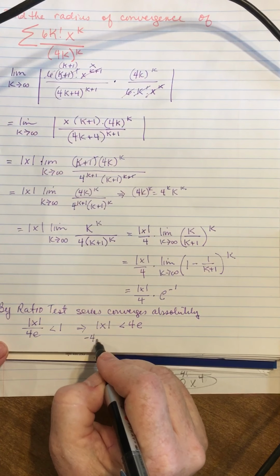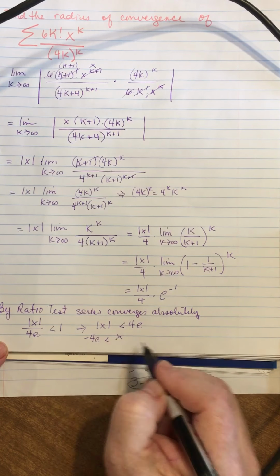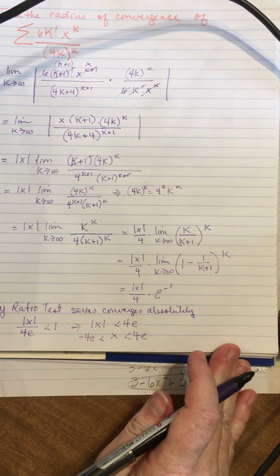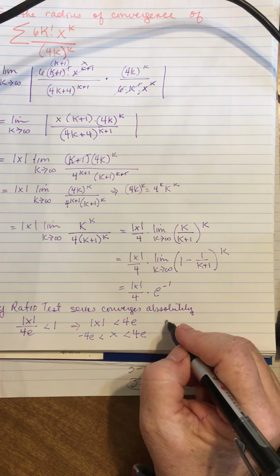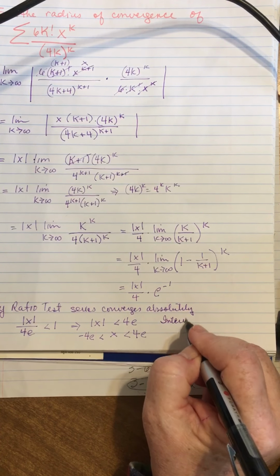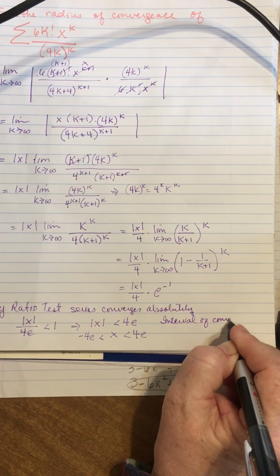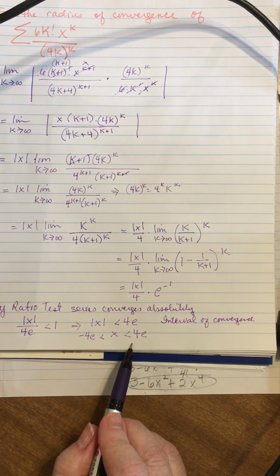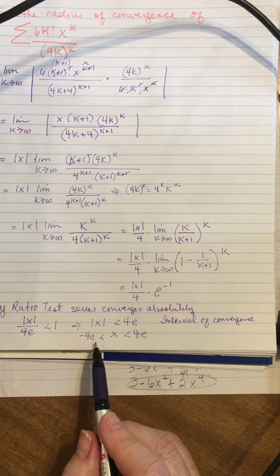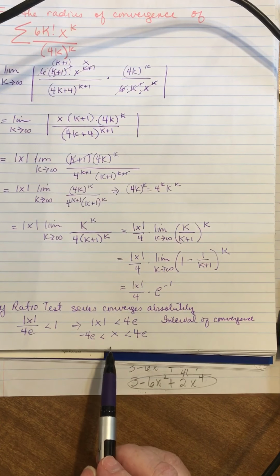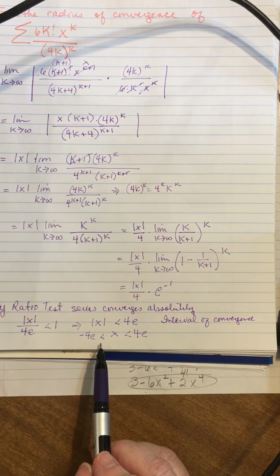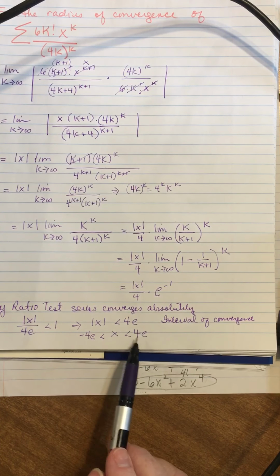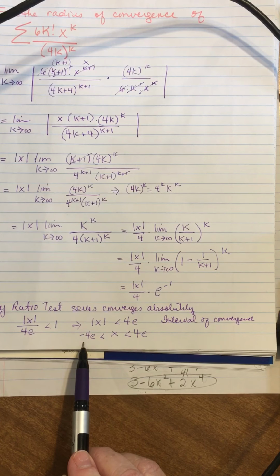So negative 4e is less than x, and that is less than 4e. So our interval of convergence, we still have to check a little bit, but we know it's going to be between negative 4e and 4e because of the ratio test, but we do have to check the endpoints separately because the ratio test doesn't tell us what happens when that limit actually equals 1, which would be at 4e and at negative 4e.